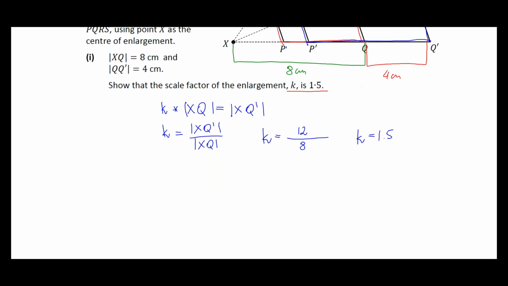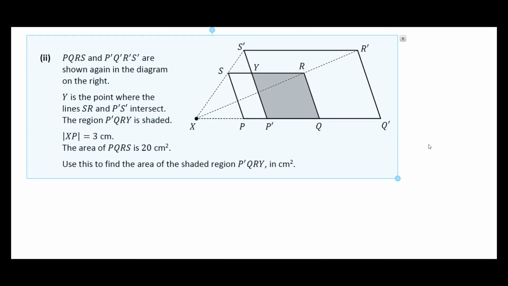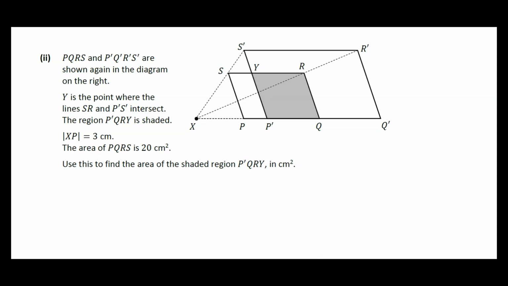Let's have a look at the second part of this question. Again, we have the parallelogram that isn't enlarged and then the one that is enlarged. They are shown here. And here they are mentioning that point Y. That point Y is on the line SR, as we can see, that intersects the S prime P prime line.